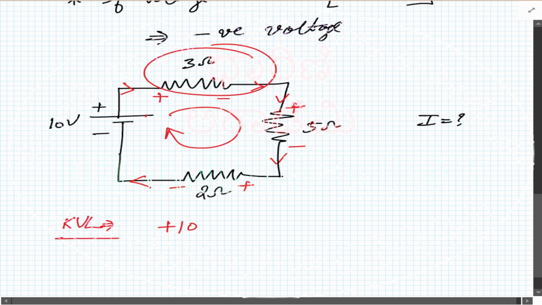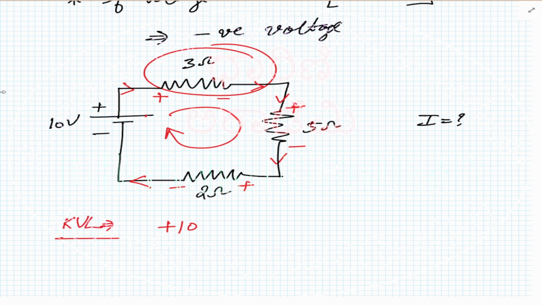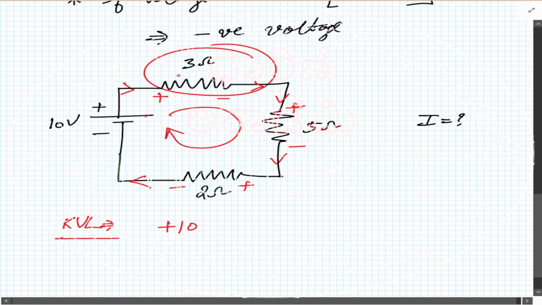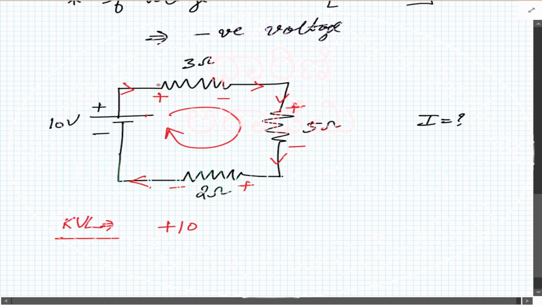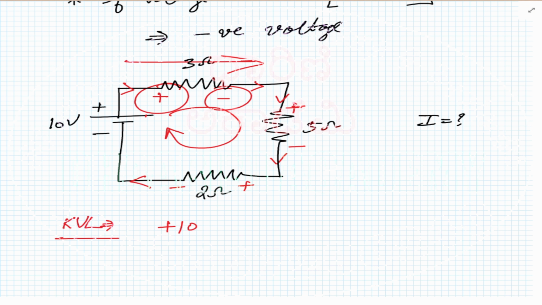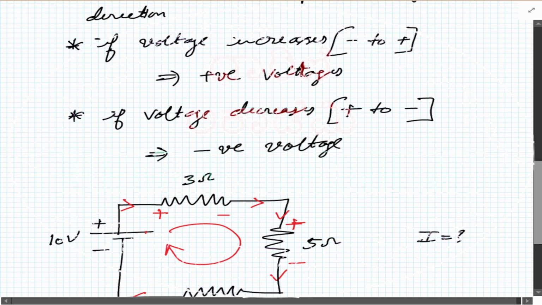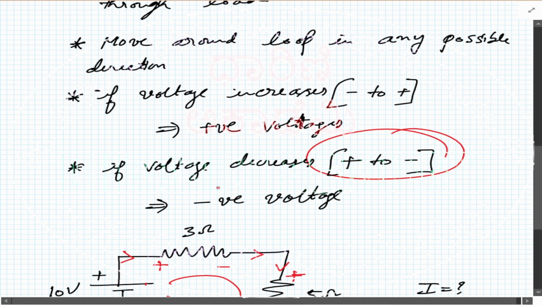Then I come to the next device. You have to cross the devices one by one to finish the loop. When you come across the 3 ohm resistor, what happens? Initially plus, later on minus, because I am moving in this direction. Plus to minus: I get a bigger voltage first, then a lower voltage. Bigger to lower is plus to minus, it is negative.